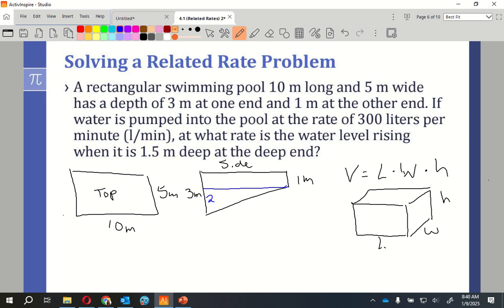But below 2, right here, my length is going to be changing. My length is changing according to my height. So this over here is my length, and this is my width.